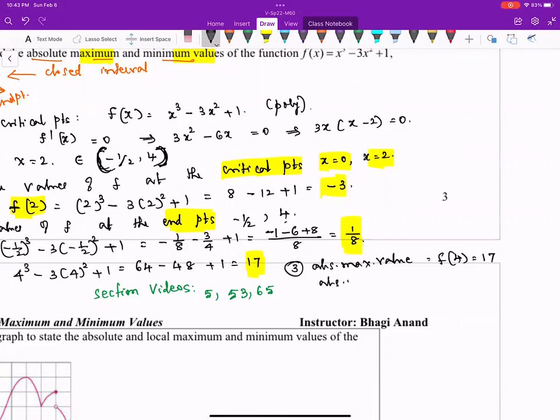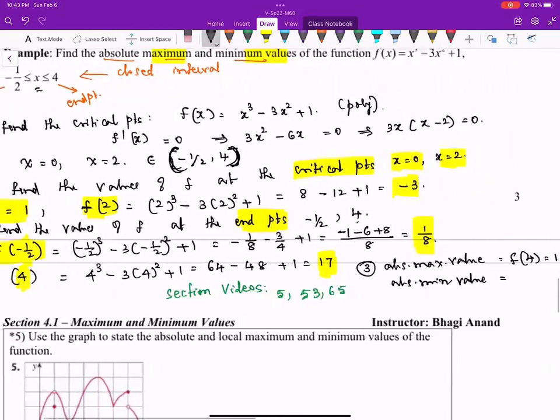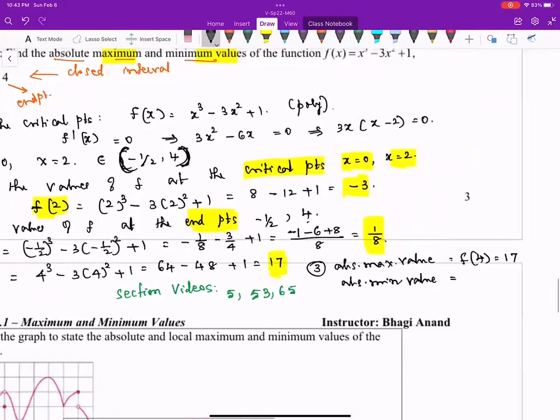What is the absolute minimum? The lowest of all the values. We have -3, we have 1, and the only negative number here is -3, which is at f(2). So the absolute minimum value is -3, and the absolute maximum value is 17. That's the answer to the problem.